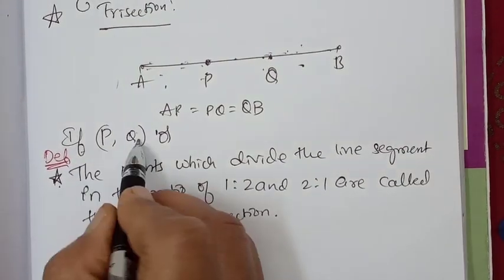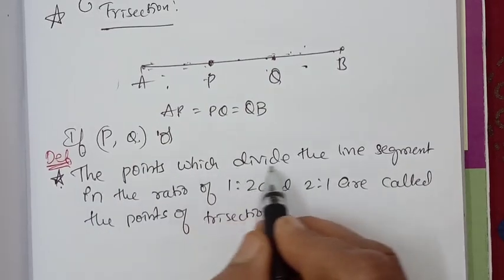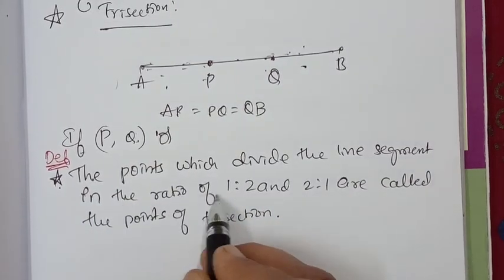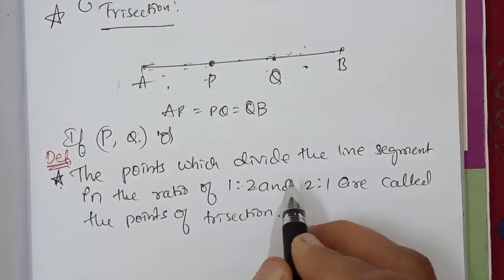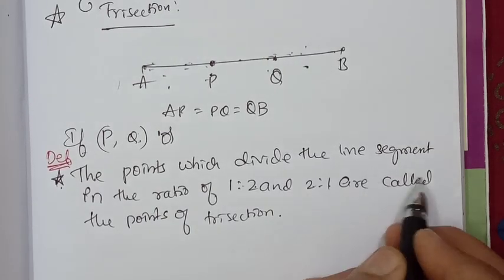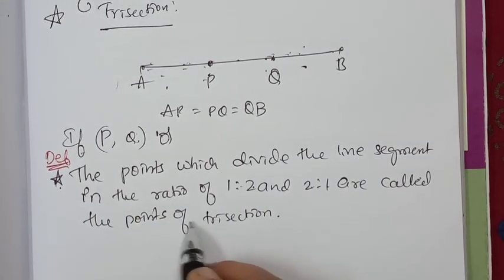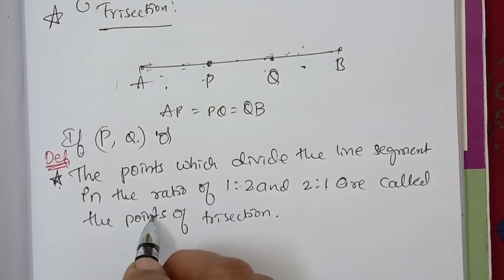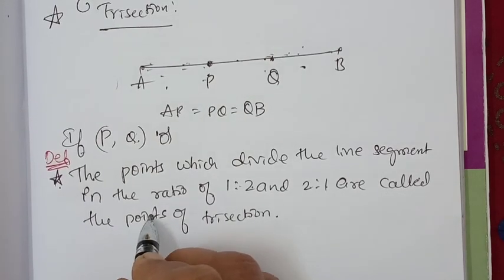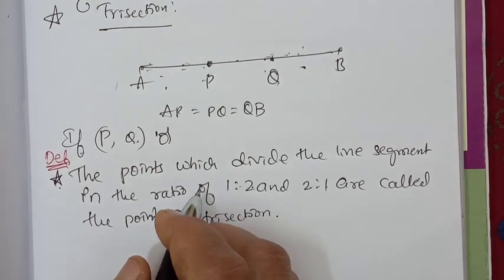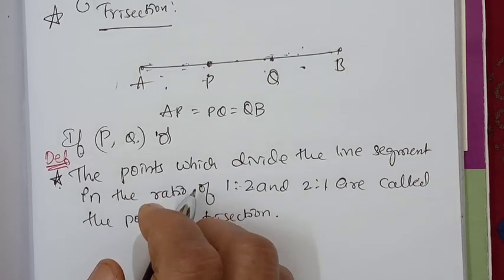The points which divide the line segment in the ratio of 1:2 and 2:1 are called the points of trisection. What points? P and Q are trisection points. This is the definition of trisection.